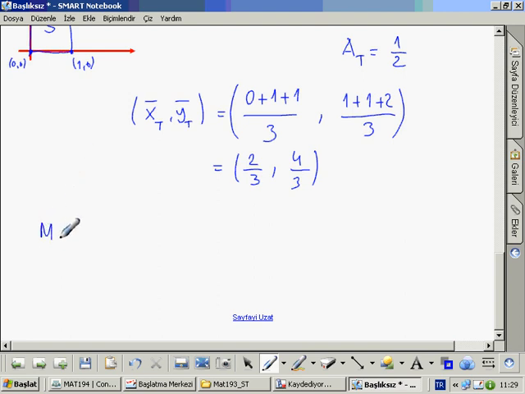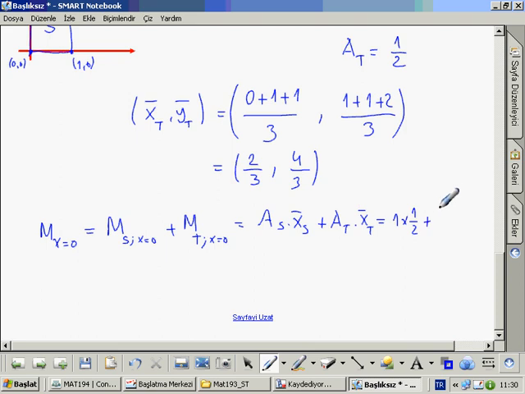So M_y, the moment about x equals 0, equals M_S plus M_T, which is A_S times x_S bar plus A_T times x_T bar, so 1 times 1 over 2 plus 1 over 2 times 2 over 3, which equals 5 over 6.